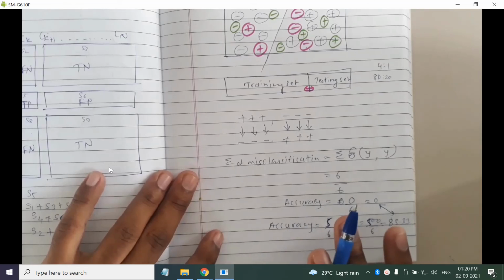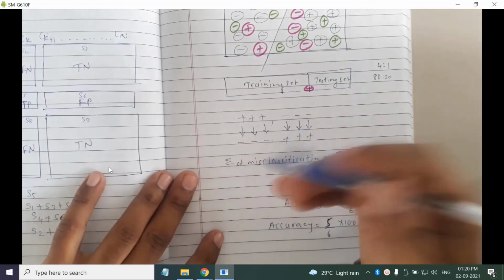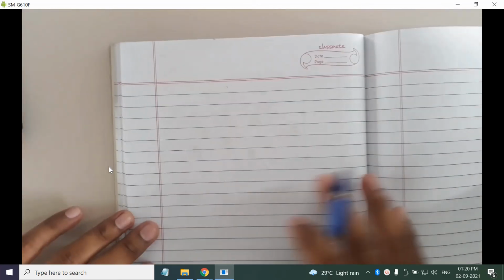Is it making sense? Yes, we are not sure about this split. Now, what is a way around this? How can we overcome it?